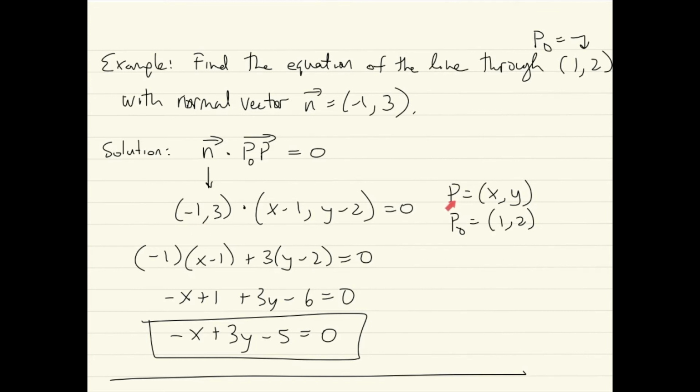The arbitrary point P has coordinates x, y, and P0 has these specific coordinates that we were given. And so the vector from P0 to P, you subtract the components of P0 from the components of P to get this. Then take the dot product, so -1 times x minus 1 plus 3 times y minus 2 equals 0. Do the algebra, and then you get this, and this is the equation.